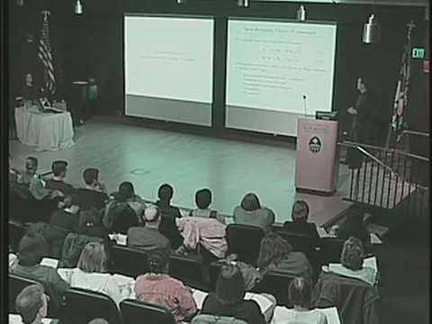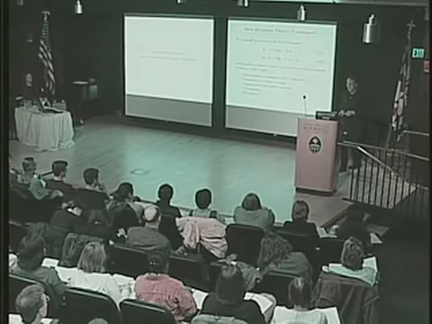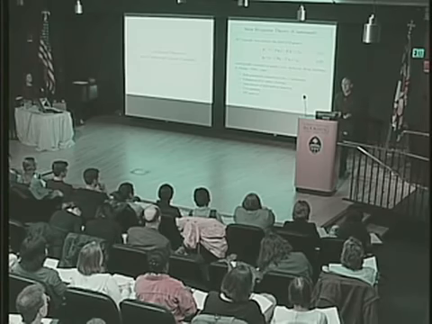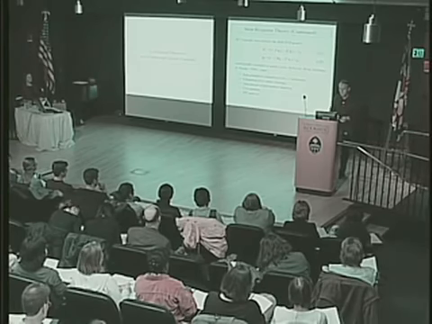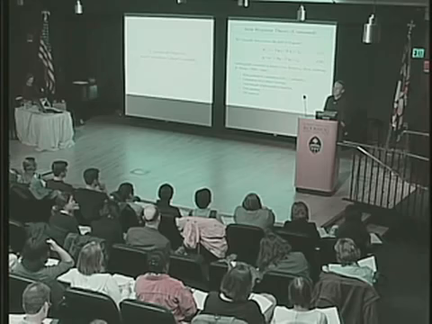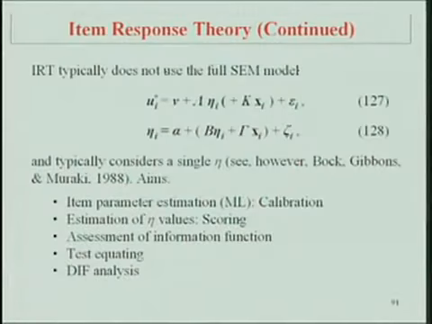As we will see, this information function has to do with the standard error, that is the precision with which we can estimate the individual's factor score, and it varies. It's not one and the same, but it varies with the true value of the person's latent variable. So therefore, we're going to see these information functions having nice shapes.